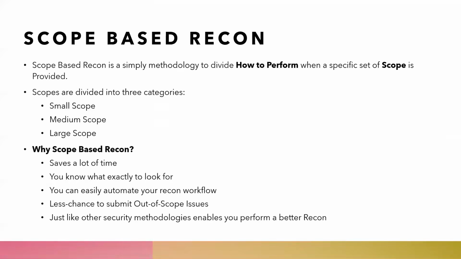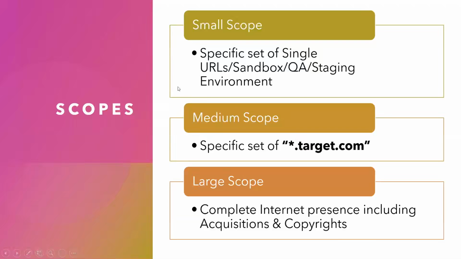There are fewer chances to submit out of scope issues, and just like other security methodologies, it enables you to perform a better reconnaissance. Now, let's quickly look at the small scope, medium scope, and the large scope recon. So when we talk about small scope recon, we specifically look for a specific set of URLs. It may be sandbox URL, QA or staging environments.